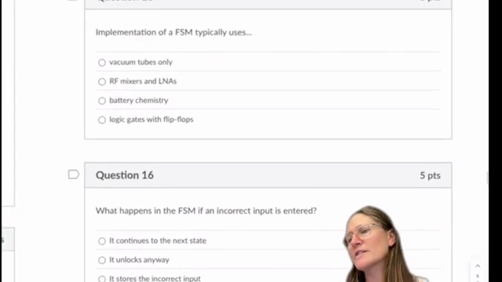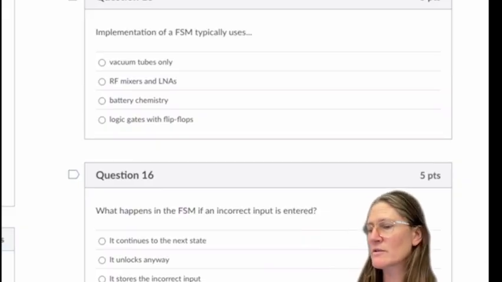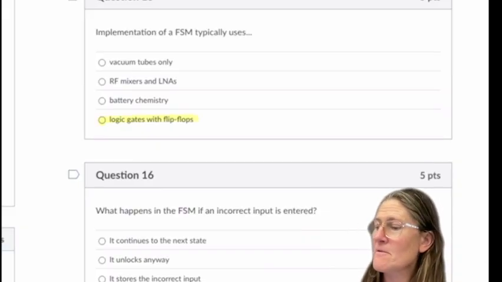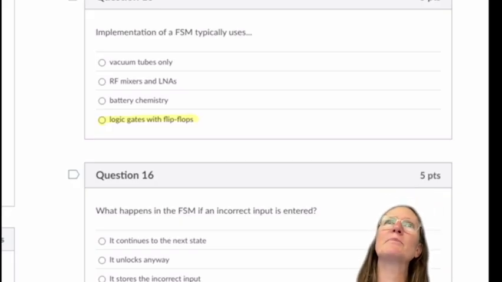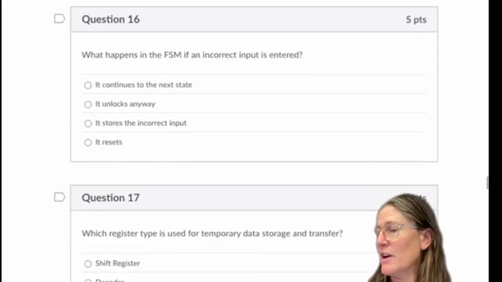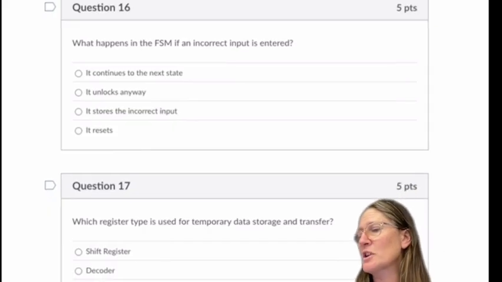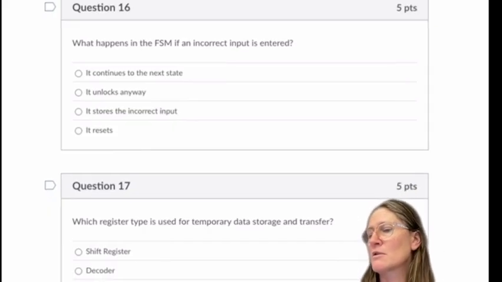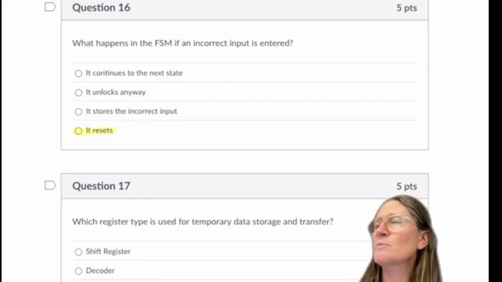Implementation of a finite state machine typically uses logic gates with flip-flops. So that's what a finite state machine will look like. What happens in the finite state machine if an incorrect input is entered? It goes back to the beginning.